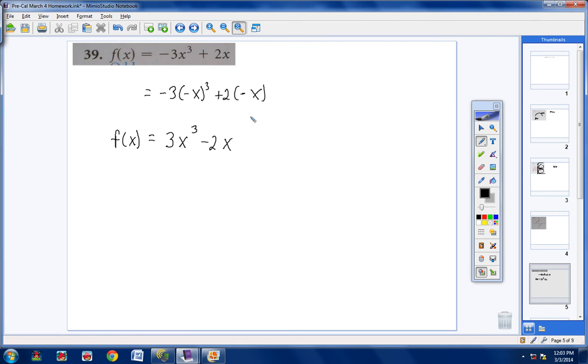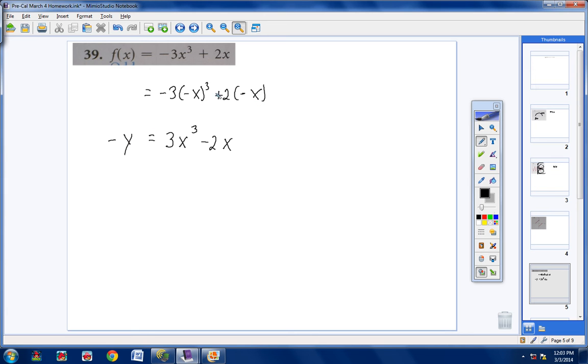But I'm going to use a shortcut here in this video today. Why should I have to rework putting a negative x in? I've already put a negative x in for x, right? Didn't I do that right here? And I already simplified it, right? Now to check for origin symmetry or odd functions, I would simply put a negative y in for y and a negative x in for x.